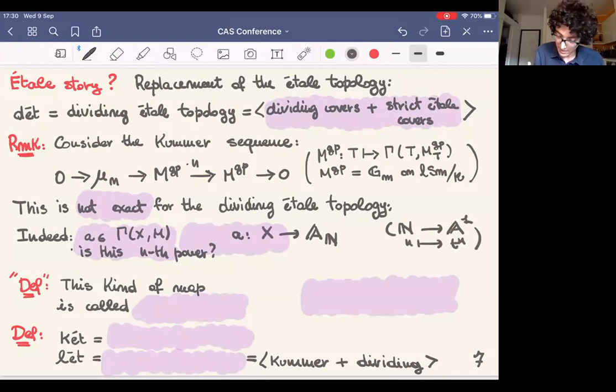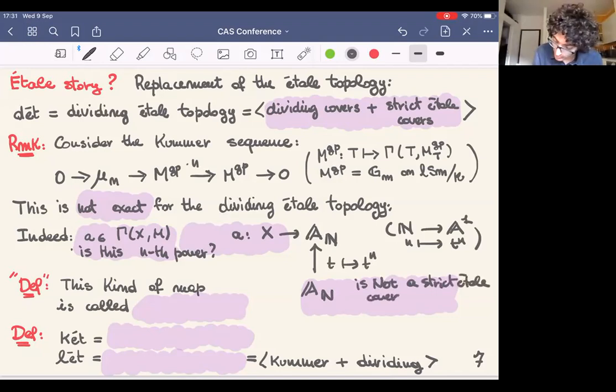And so a section of M is the same as a map from X to A^N, and then you can consider the map from A^N to A^N given by t mapping to t^n. And this is not an étale map on A^1, right? Because at 0 you have ramification. So this is not a strict étale cover.